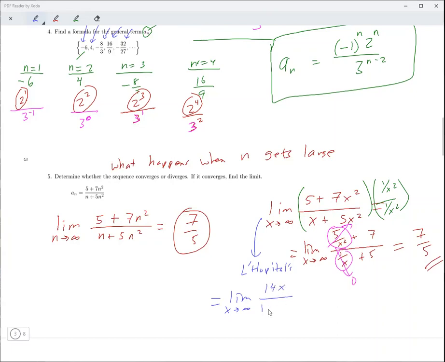The derivative of the denominator is 1 plus 10x. Take the derivative again. Yeah, 14 over 10, which is 7/5. Okay, so it's been a while, but hopefully this starts coming back to everybody.